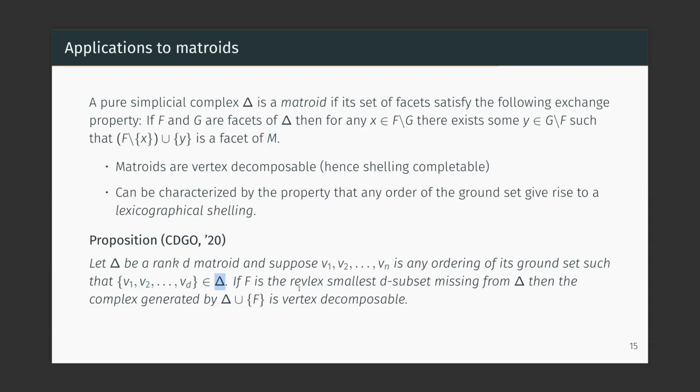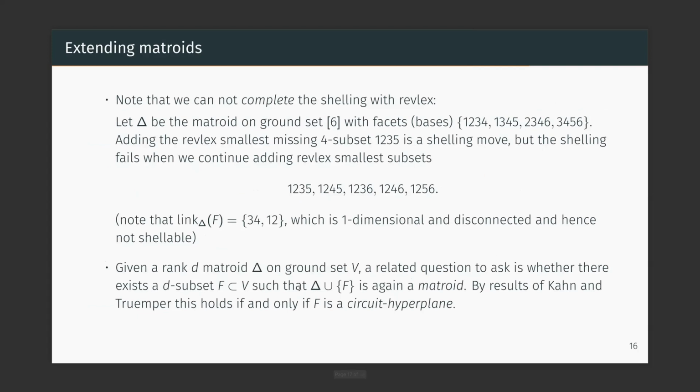This tells you how much flexibility I have in getting to a vertex decomposable complex. If you give me any ordering with this condition, the next rev-lex smallest thing will give you a vertex decomposable complex.